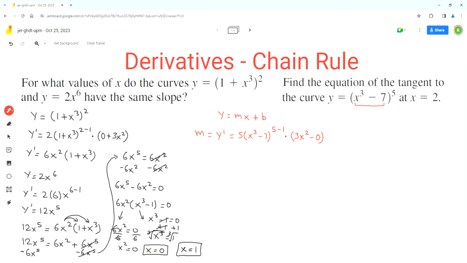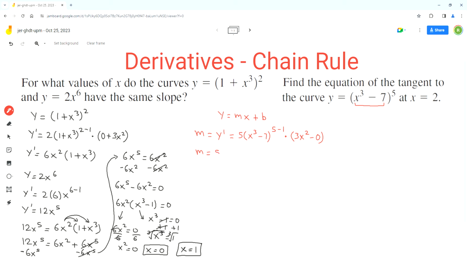Now we have to find the slope of the tangent at x equals 2 because that's the point where the tangent touches the curve. So in the next step, we can sub in x as 2. We do not have to simplify this expression first and then sub in x as 2. So that will save us some time and steps.